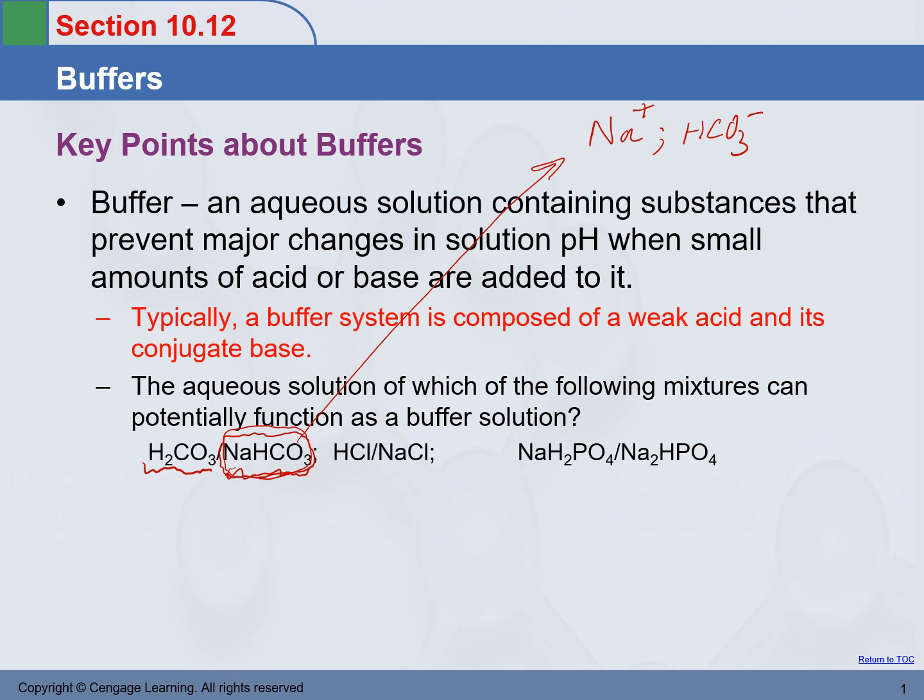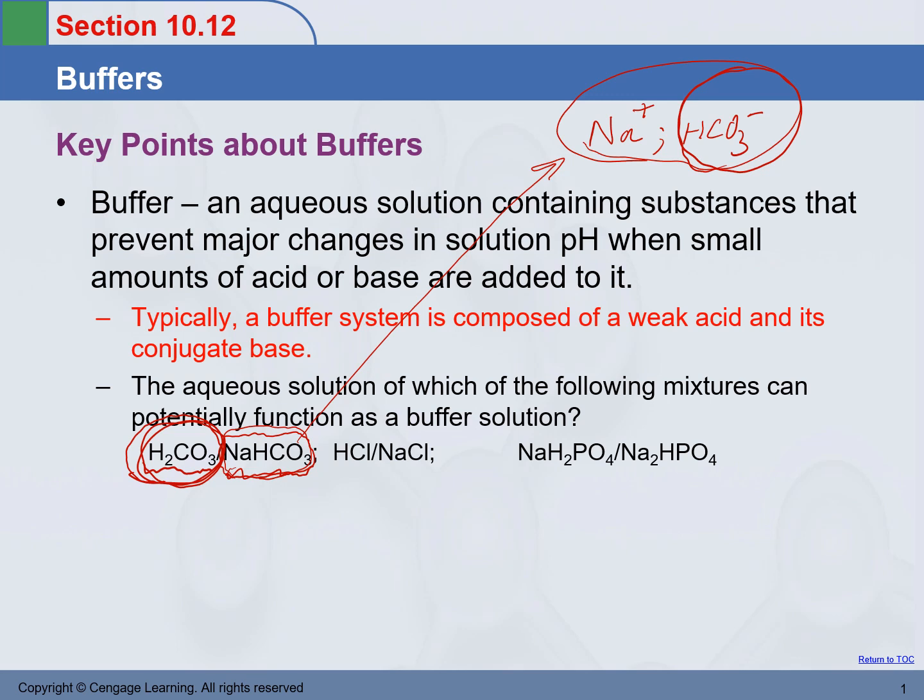So if you dissolve sodium bicarbonate in the water solution, you're going to have a lot of these ions. If that is the case, can you see that in the solution we have a weak acid, which is carbonic acid here, and we also have its conjugate base.